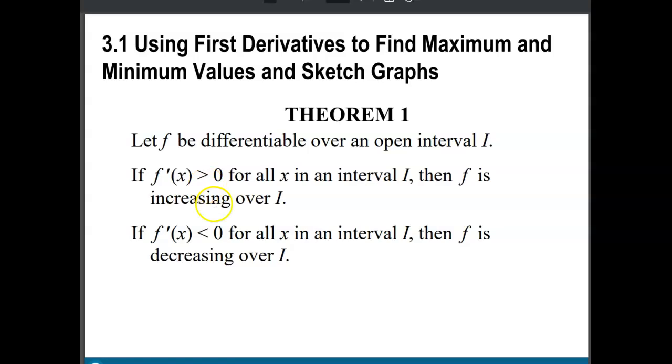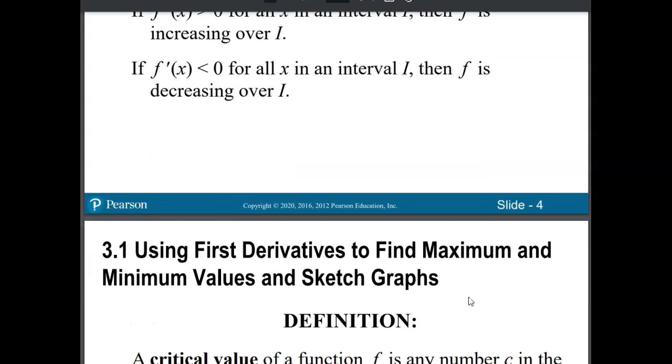So first derivative positive means that the original function has an increasing pattern. First derivative less than 0, meaning negative for all x in the interval, then f is decreasing. So when the first derivative is negative, the function is decreasing. That's what we call the first derivative test.